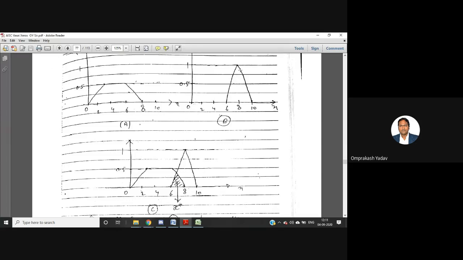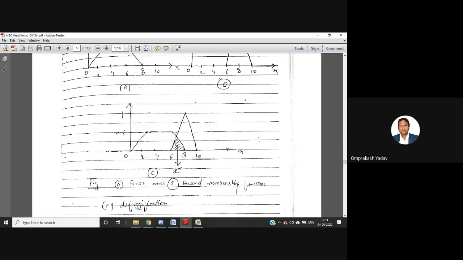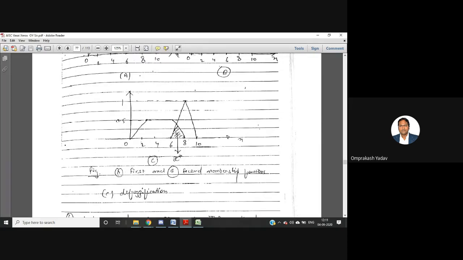If you see here, the intersecting area is going to be added two times, because the first time we calculate the entire area of this one, so this area is also calculated. The next time we calculate the area of this one, so again this particular area is calculated. So this area is getting added twice in this method. This is the problem: in this method, the intersecting area gets added twice.